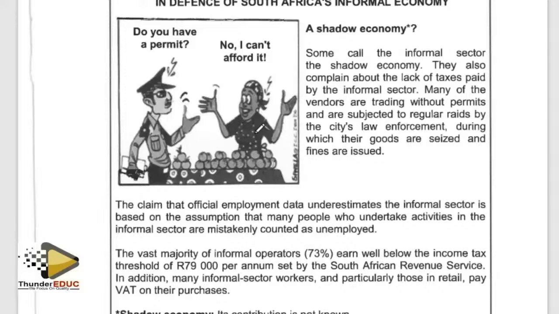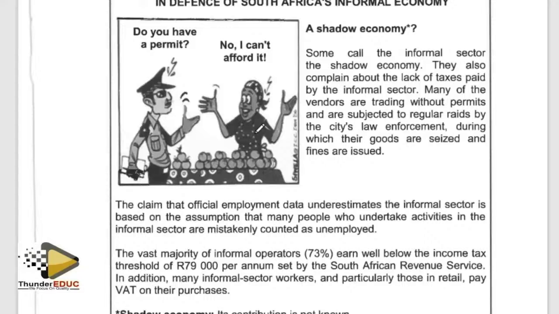A shadow economy. Some call the informal sector the shadow economy. They also complain about the lack of tax paid by the informal sector. So many of our vendors are trading without permits and are subject to regular raids by the city's law enforcement, during which their goods are seized and fines are issued.